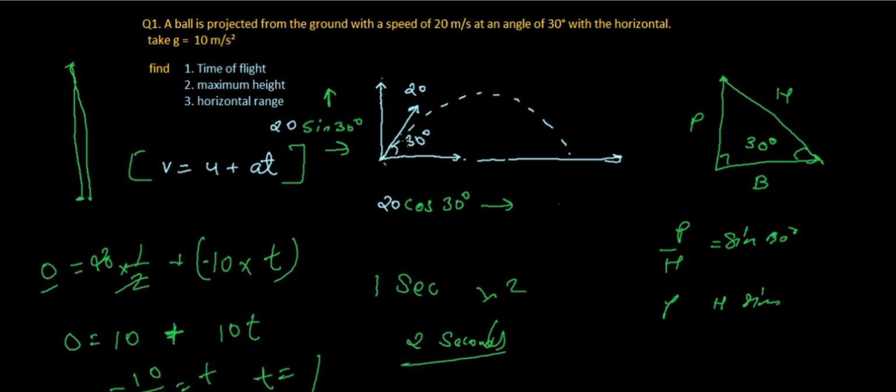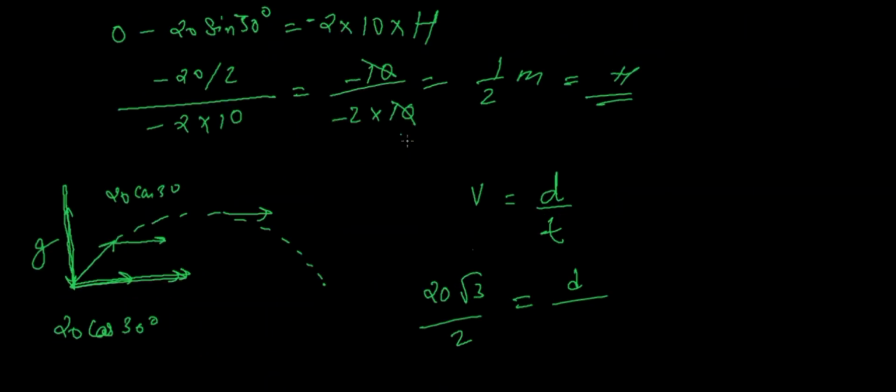Okay, so we will put 2 here, 2 cancels the 2, and distance comes out to be 20 root 3. You can also solve this. Root 3 is 1.73. You will multiply and get the result, but you don't need to solve it. In exams you can write 20 root 3 and you will get the marks.